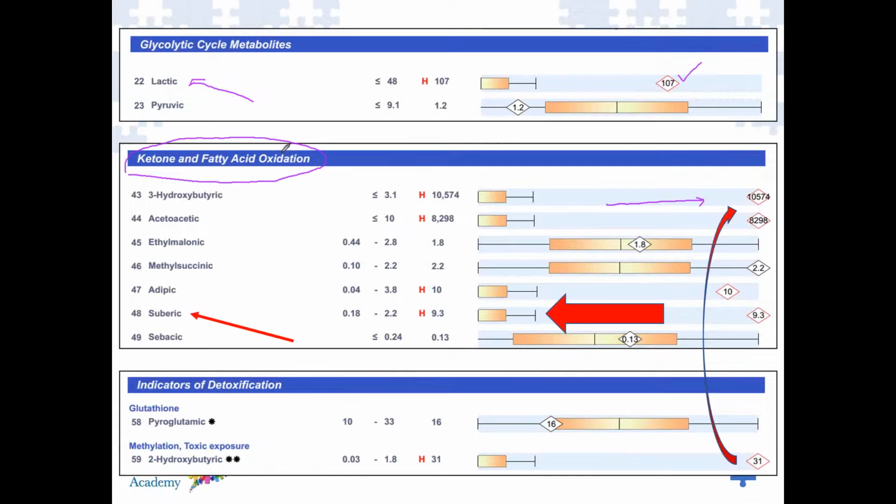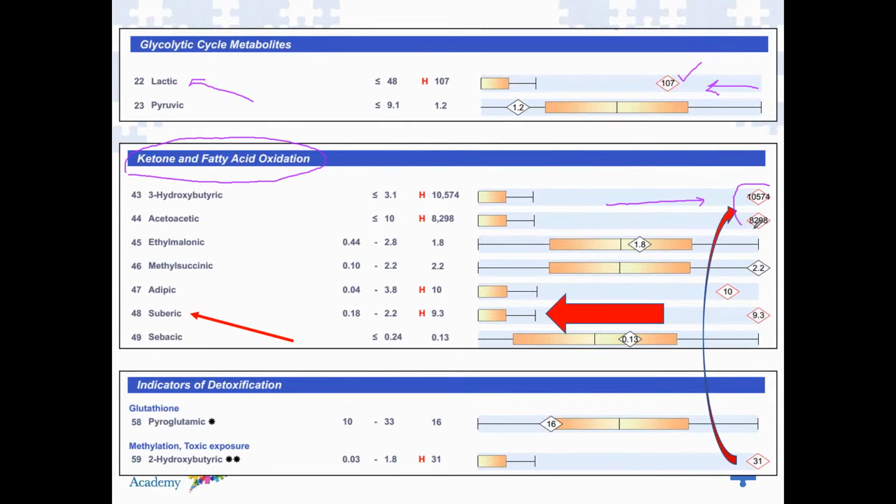Based on our history and based on other markers that we're looking at, what are some other things that we might want to consider? Well, in this particular case, if we notice the pyroglutamic levels are normal, it certainly is a possibility that mycotoxins may be playing a role. And I would do a mycotox test for sure.